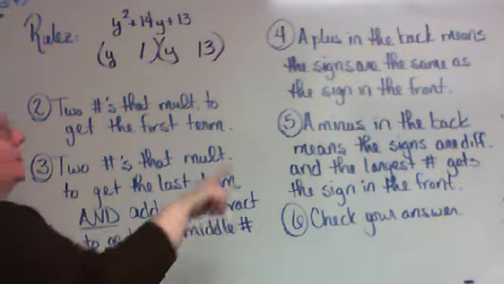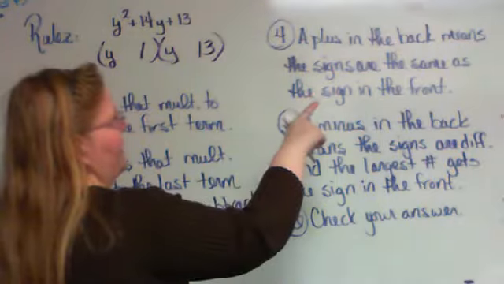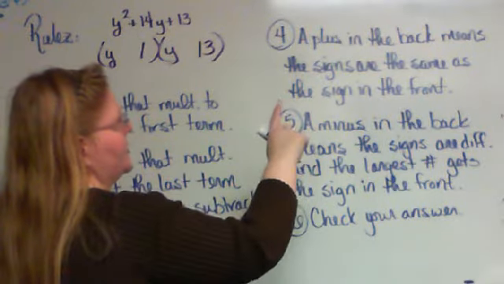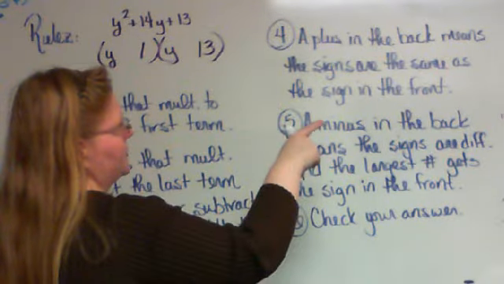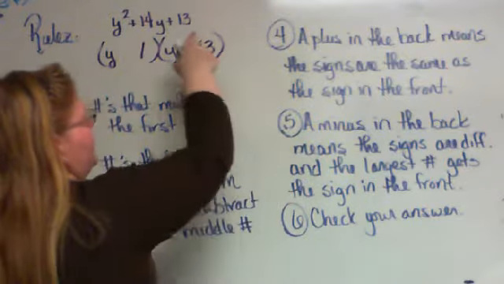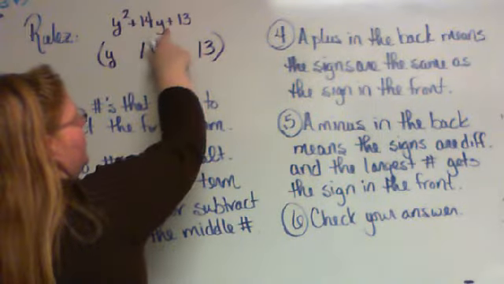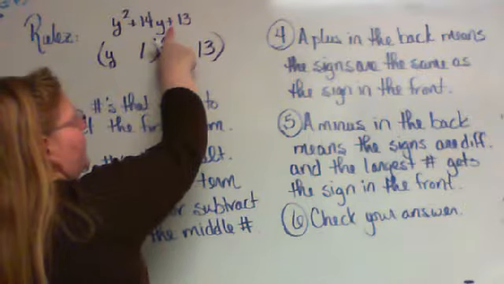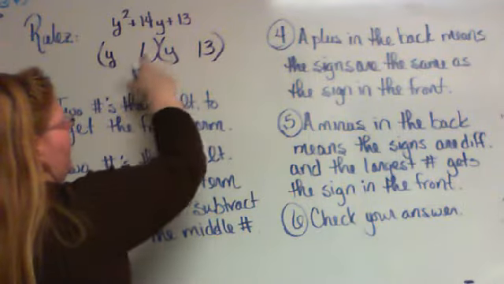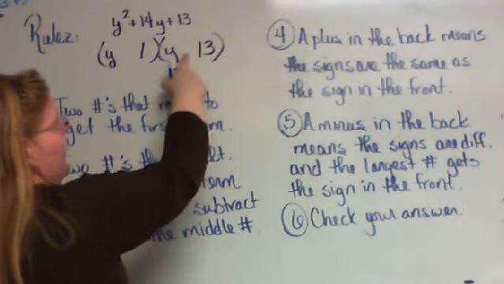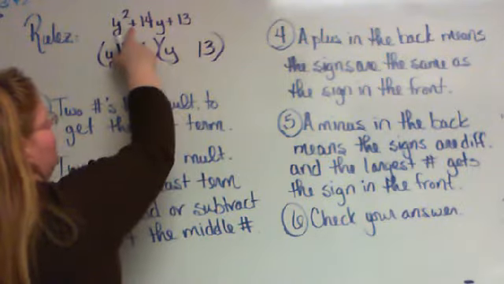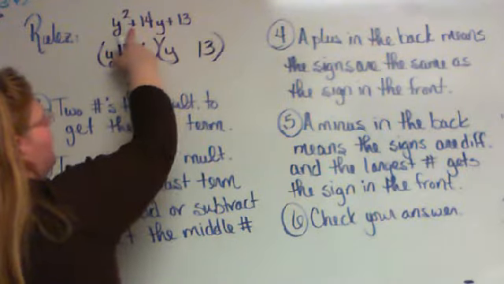Then I go on to the next step. It says a plus in the back means the signs are the same as the sign in the front. A plus in the back of your problem up here, like we have, means that the 2 signs down here are going to be the exact same as whatever's the sign of the front. Here our front is a plus.